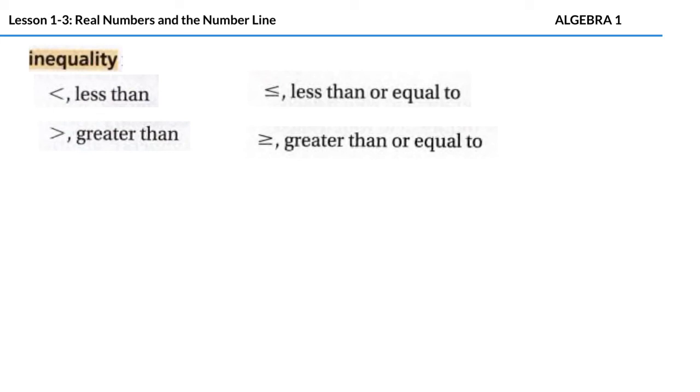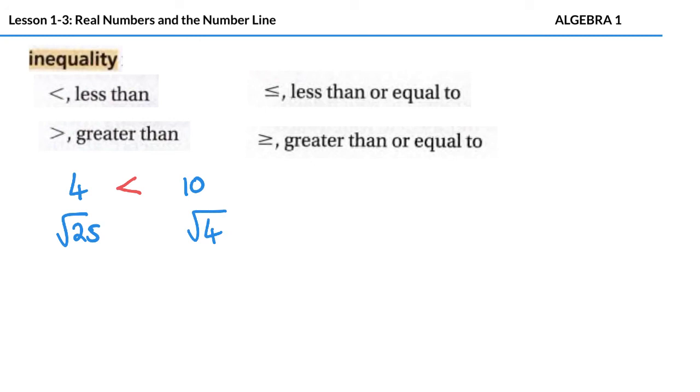For example, let's compare 4 with 10. Since 4 is less than 10, we say 4 is less than 10. Let's take another example. Square root 25, square root 4. Compare.